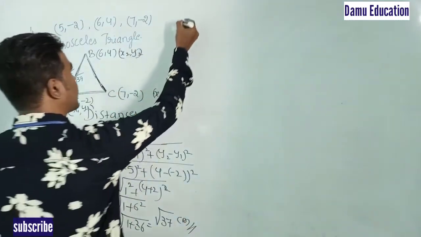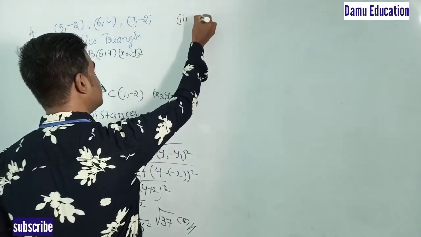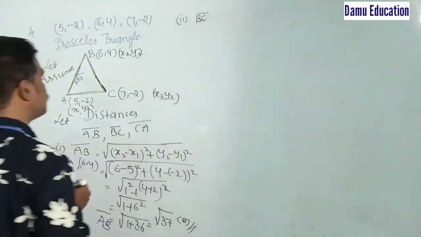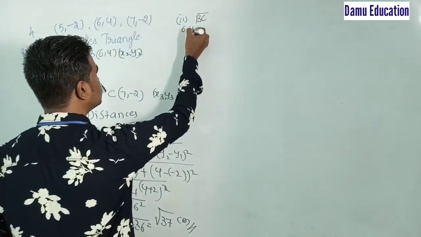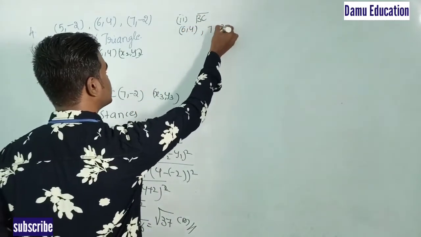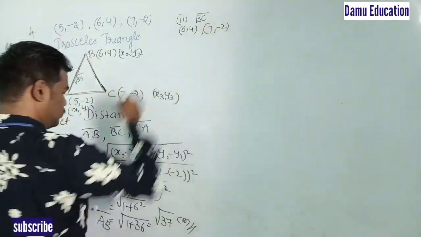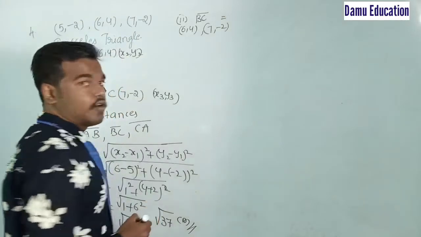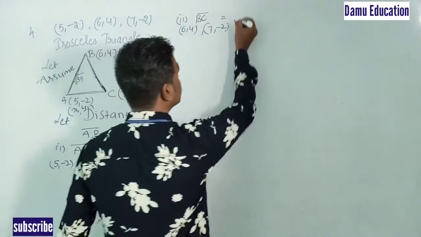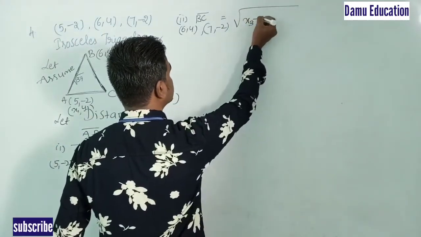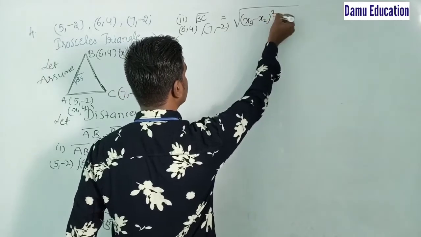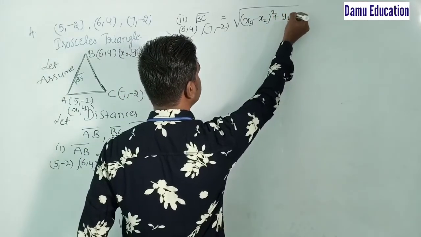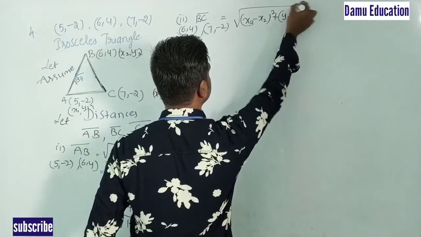Let's take the second one, BC. So the BC points are (6, 4) and (7, -2). So this is x2 and x3, and what is the formula? Square root of (x3 minus x2) whole square plus (y3 minus y2) whole square.